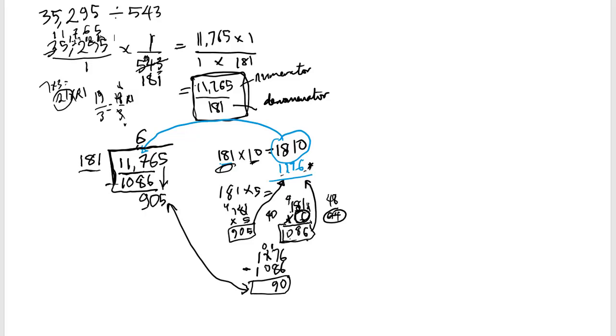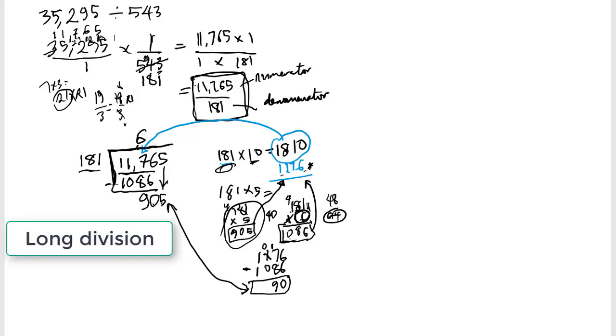The next thing you consider is 181 into 905. We've already seen that 181 can go into 905 5 times.